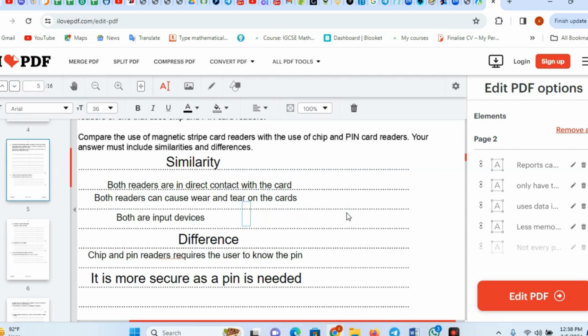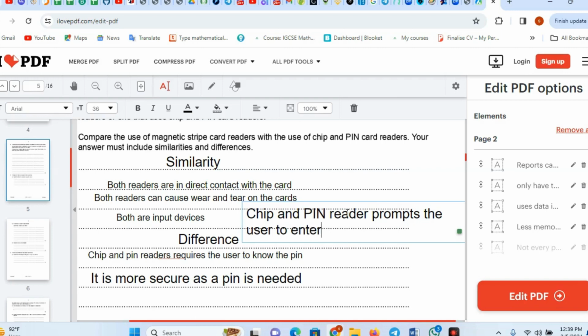So chip and pin reader prompts the user to enter a pin.